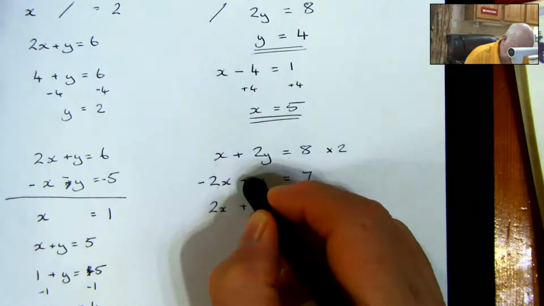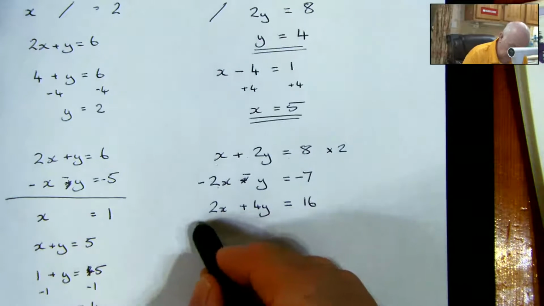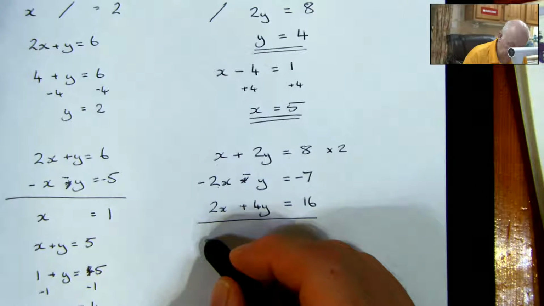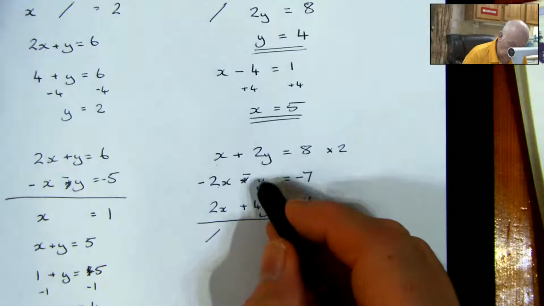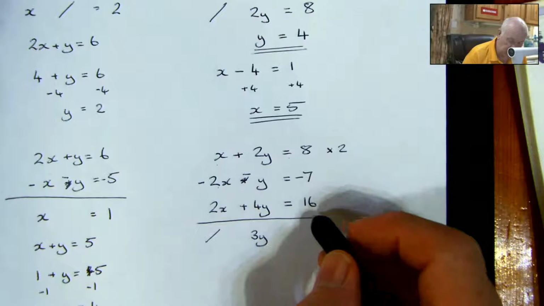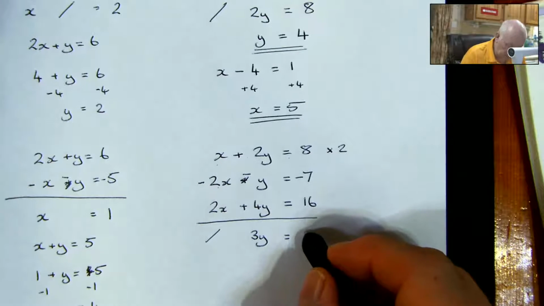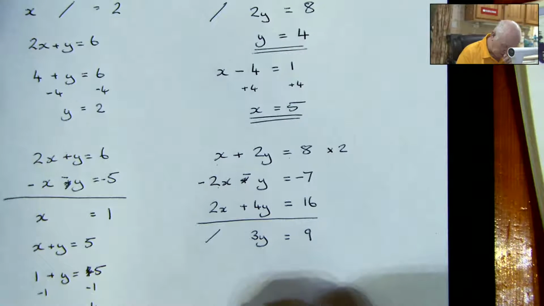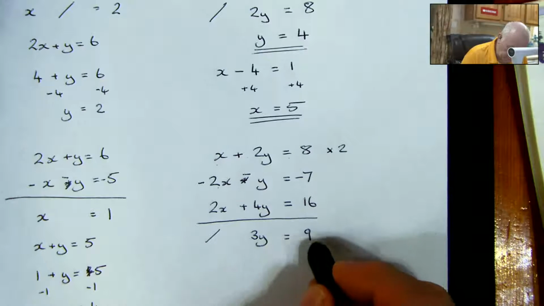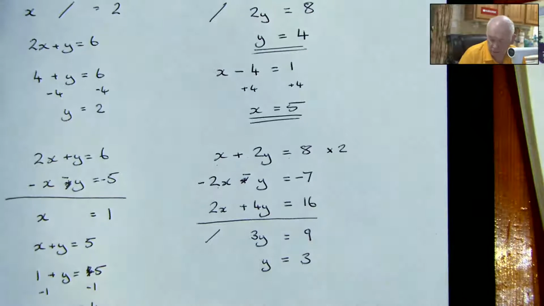So if I multiply through this by minus 1, changing all the signs, and then let's add again. 2x minus a 2x disappears. 4y minus a y is going to give me 3y, and I've got 16 minus 7, which will give me 9. And therefore we can divide both sides by 3, and I get y equals 3.